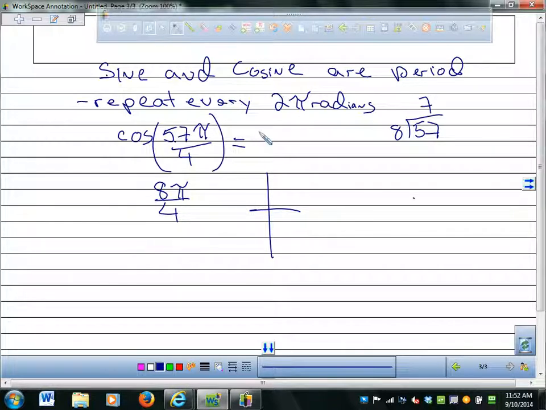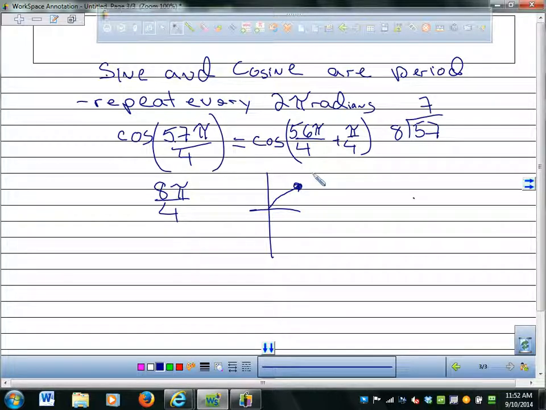So this could be written as the cosine of 56 pi over 4, which is 8 times 7, plus pi over 4. And since it's periodic, it repeats itself, so we look at pi over 4, which is over here. And what's the cosine of pi over 4? Square root 2 over 2. Very good.